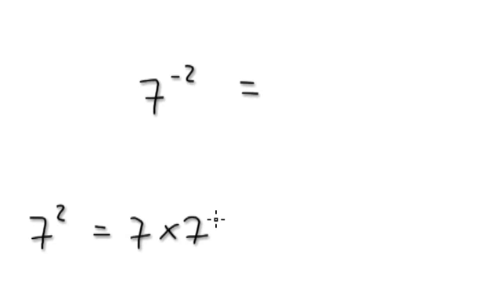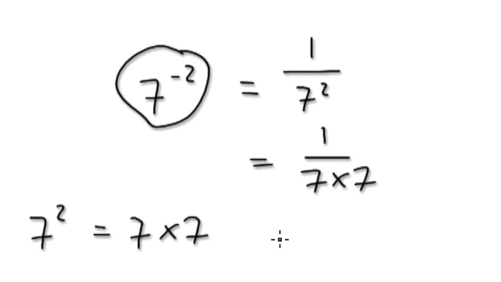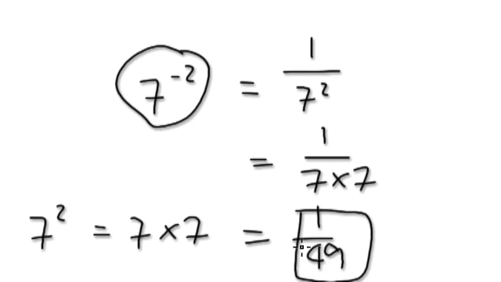Again, say 7 to the power of minus 2. You could understand 7 squared, that's 7 times 7. But with this, immediately jump to 1 over 7 squared, which is 1 over 7 times 7, which is 1 over 49. So this would be the same as this.